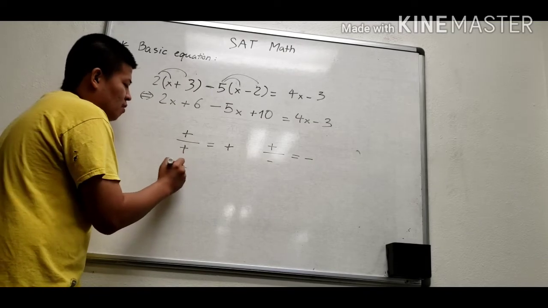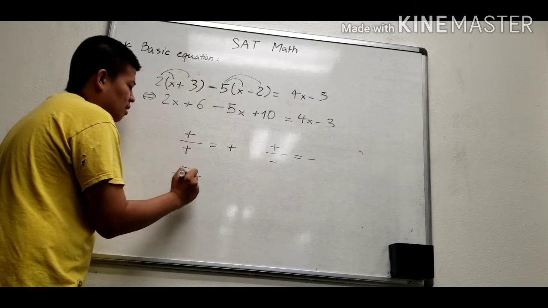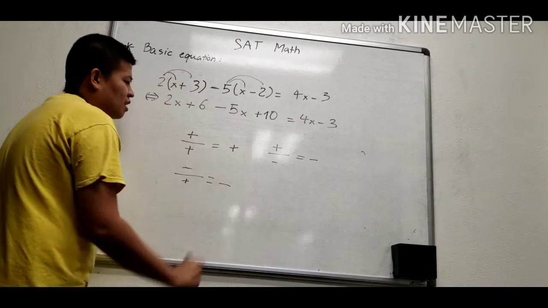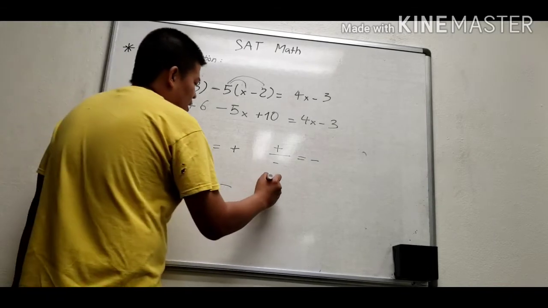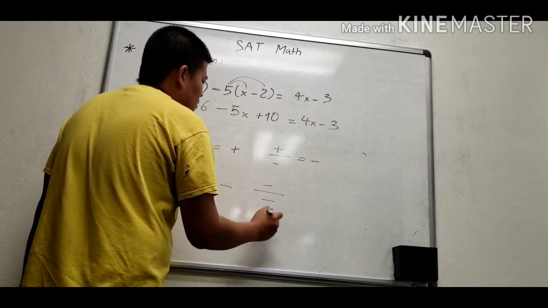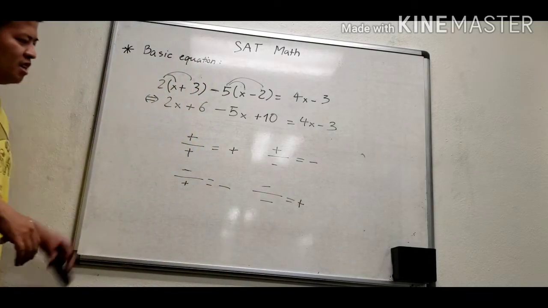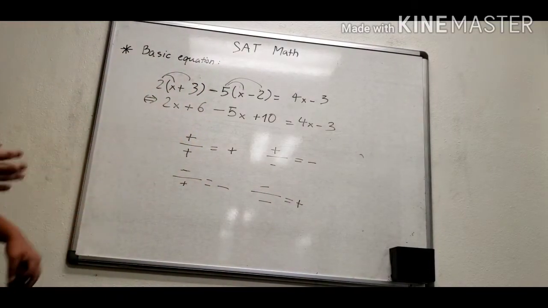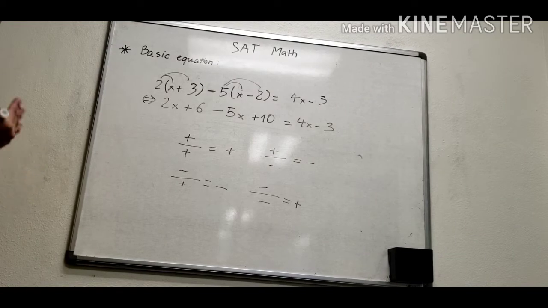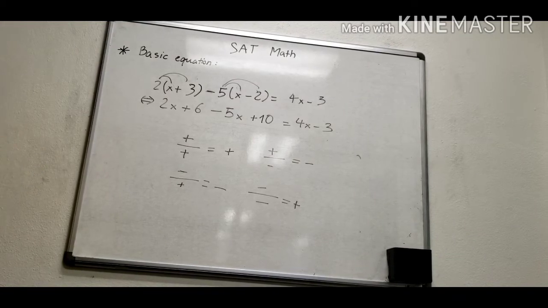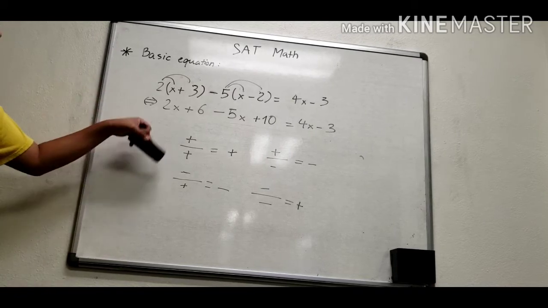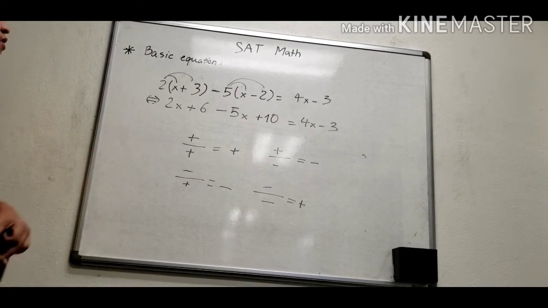The negative divided by the positive number, they will become the negative. And the negative divided by the negative, they will become the positive number. So this is the division of the positive with the positive, negative with the positive, positive with the negative, and negative with the negative. This is so important for the SAT math for you.